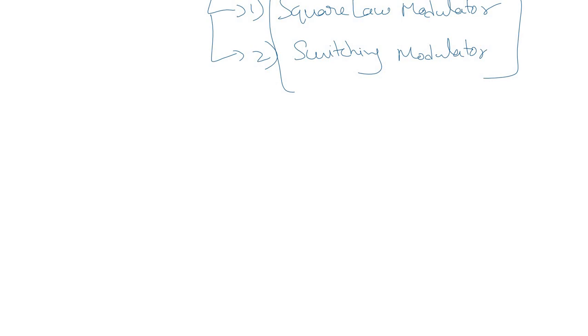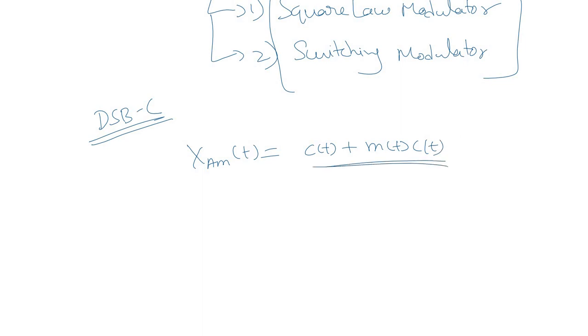Alright, when we are talking about DSBC, that is double sideband with carrier, that means the modulated signal is a form that consists of carrier and multiplication of message and carrier. Broadly we can say that this is the general representation of a DSBC signal, because the actual representation was AC cos omega CT plus AC into mu cos omega MT into cos omega CT.